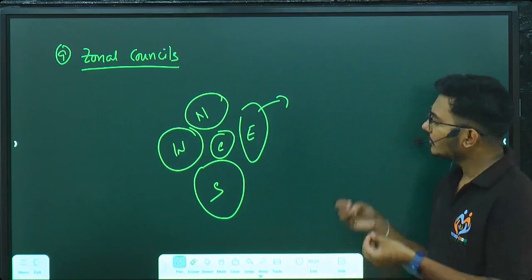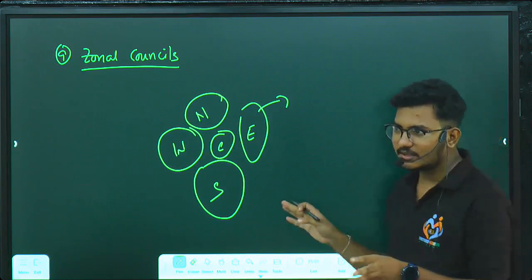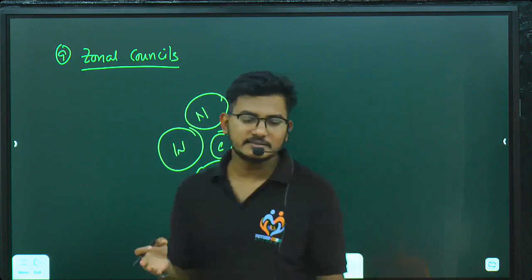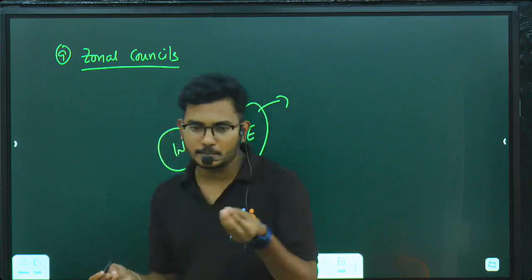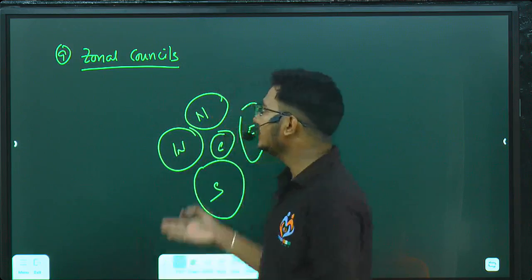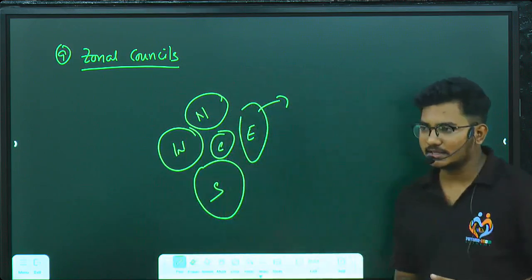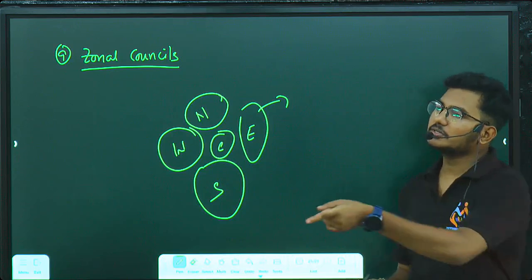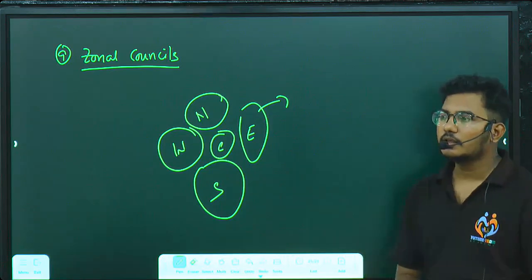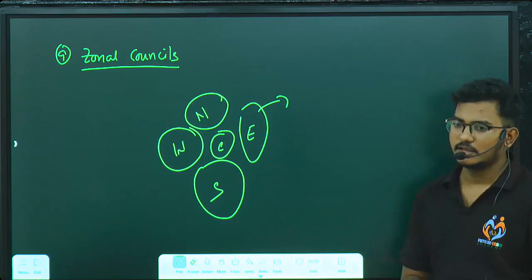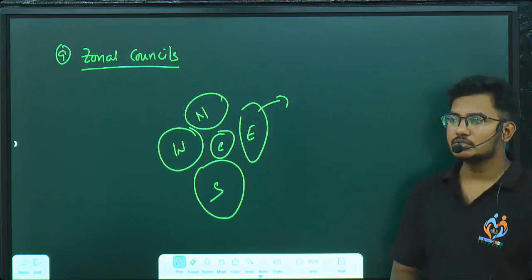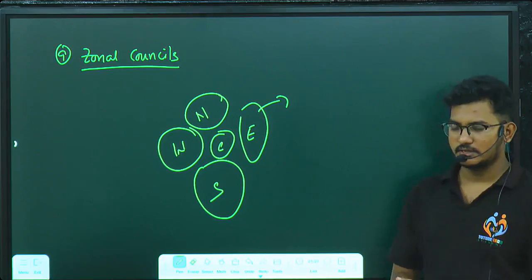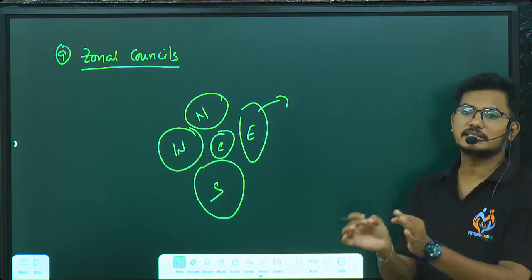Now they are not coming for the sittings, not setting up their meetings, not coming up with their common problems. So here the Sarkaria Commission is recommending to reconstitute and reactivate these zonal councils. It will strengthen the federal structure of the country.